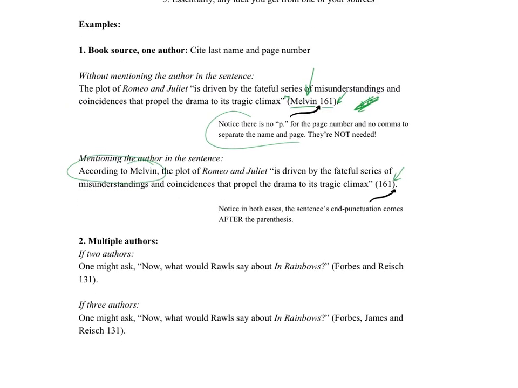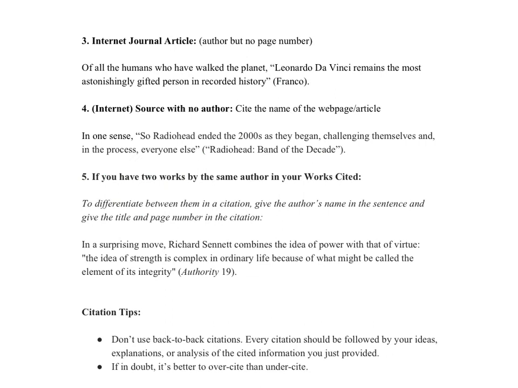But the stuff you're probably going to use most is on the next page. This is probably going to fit most of the citations that you use for this paper. If you used a database, the database probably gave you the citation. So you'll use that just as it gives it to you.